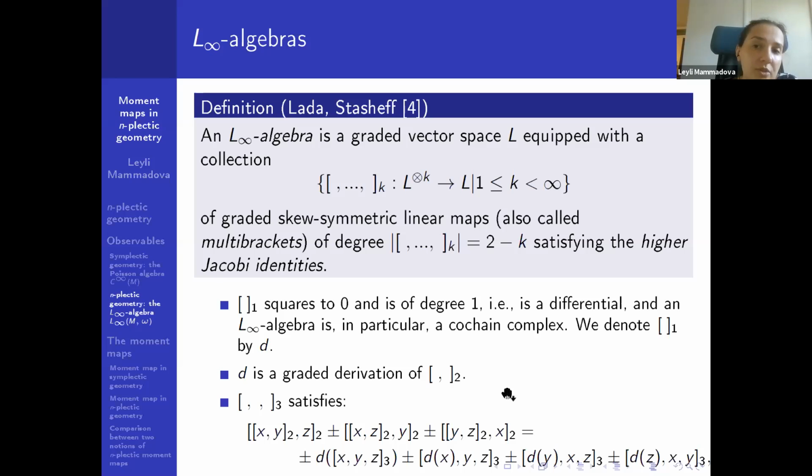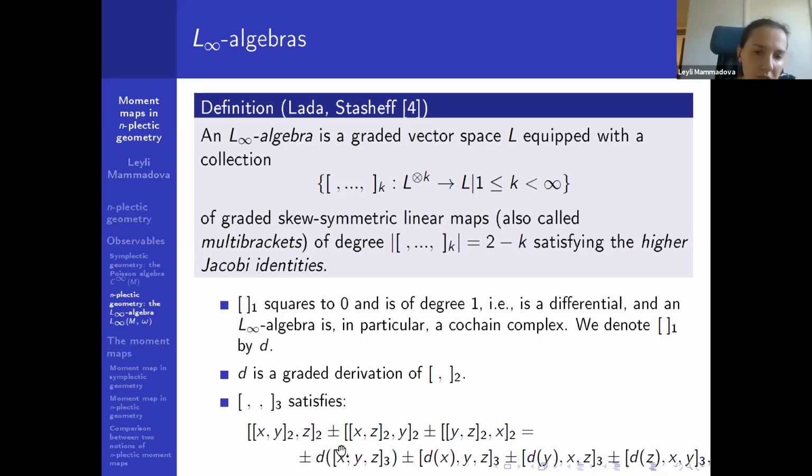And remember, we faced this problem when we tried to generalize the bracket structure to symplectic geometry. But what do you have on the right-hand side? You have this. In particular, if you take x, y, and z in the kernel of the first map D, you will get that your Jacobi identity is satisfied up to an exact element.